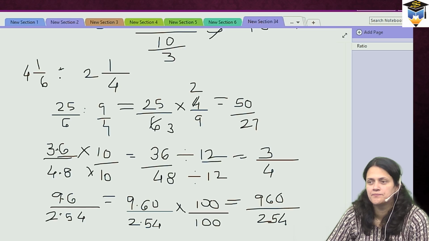Correct? So convert it to the lowest form now. Divide by 2.